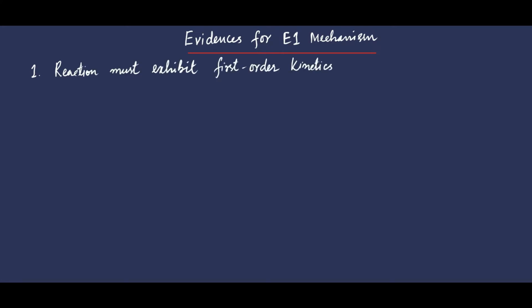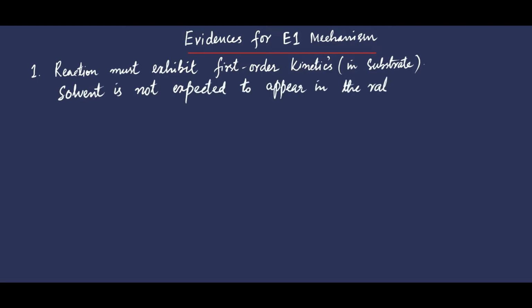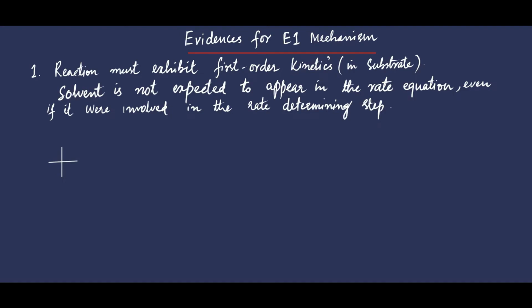Some of the evidence for the E1 mechanism is as follows: the reaction exhibits first-order kinetics in substrate, as expected. Of course, the solvent is not expected to appear in the rate equation, even if it were involved in the rate-determining step. For example, tertiary butyl bromide on treatment with ethanol gives this elimination product.